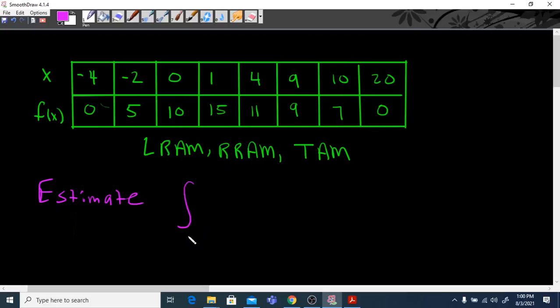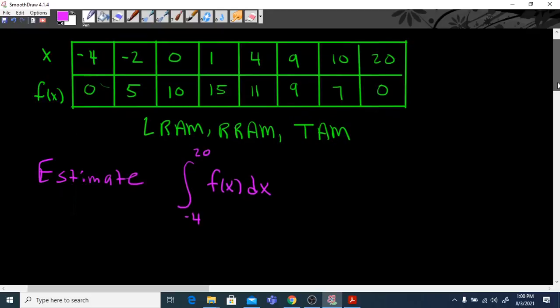We're going to do the entire thing here: the integral from -4 to 20 of the function we're dealing with. We use these rectangle approximation methods and the trapezoid approximation method for estimating definite integrals.